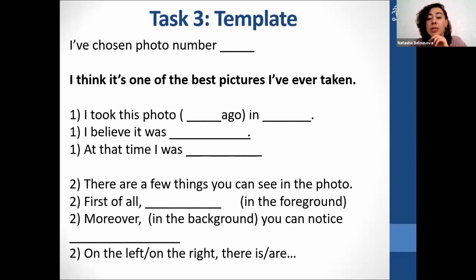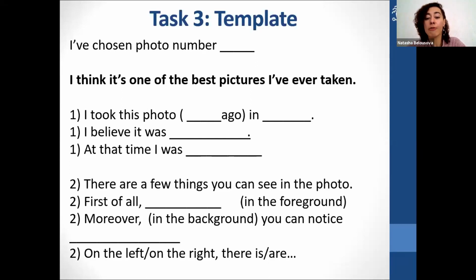There are a few things you can see in the photo. So we need bridges between our ideas because organization of the text is also assessed. That's why I just suggest a bridge, which is a logical one, and it could be memorized. You don't want your student to sound as if they're just telling a topic, but some introductory phrases could be memorized because then the students will be able to concentrate on the content more.